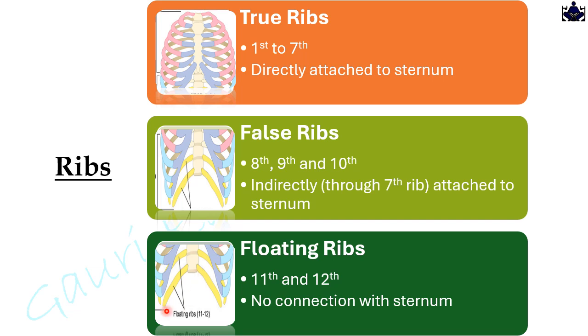So, their second end is floating, and that's why the third type is called floating ribs. In short, we have three types of ribs: true ribs, false ribs and floating ribs.